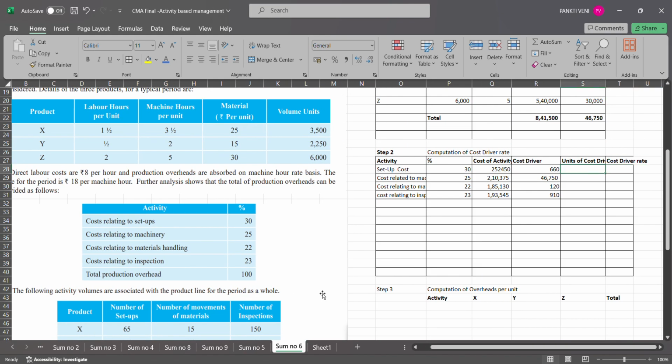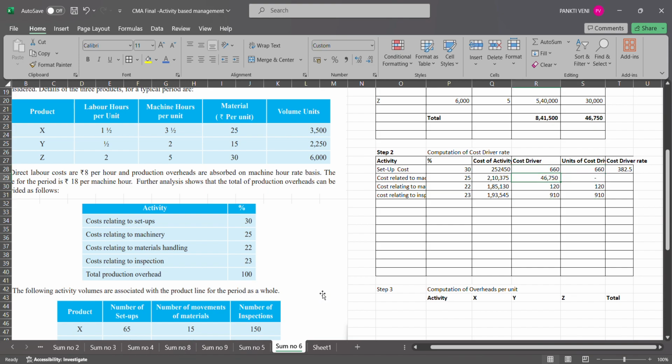Then units of cost driver: you'll divide the cost by this, and you'll get the cost driver rate. Sorry, I made a mistake.